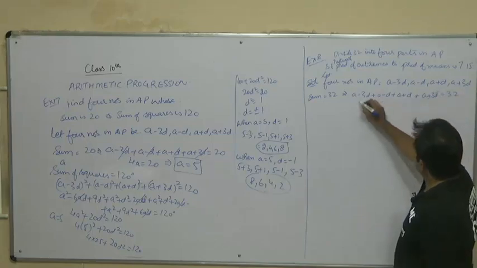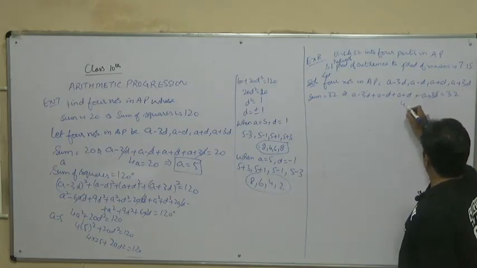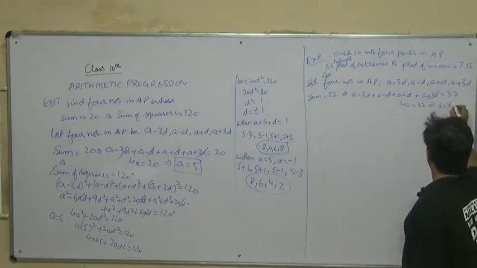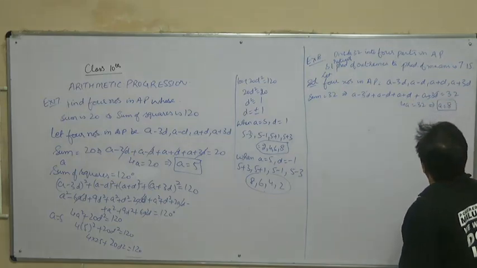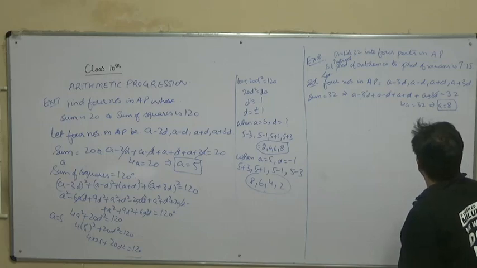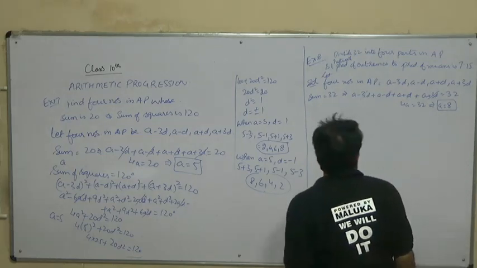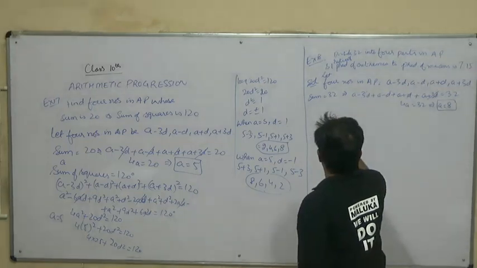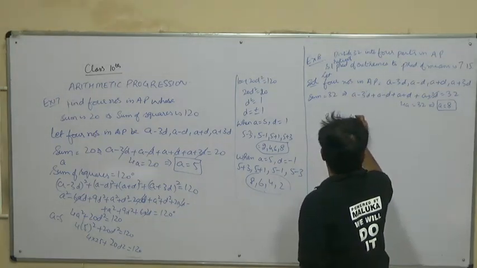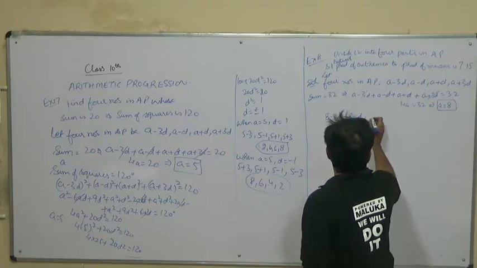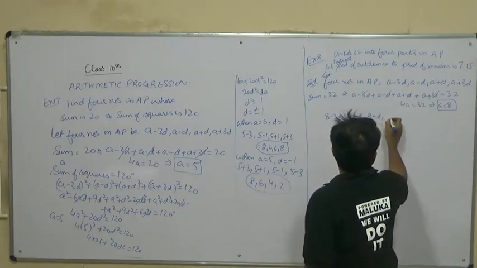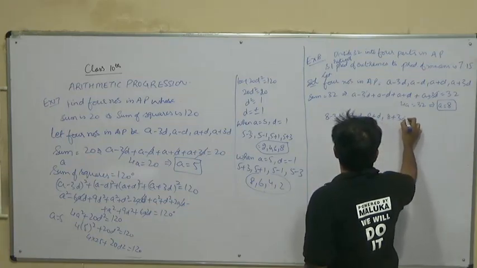So d and d cancel out, and 4a is equal to 32. What will be the value of a? 8. Value of a is 8. So the numbers will be 8 minus 3d, 8 minus d, 8 plus d and 8 plus 3d.